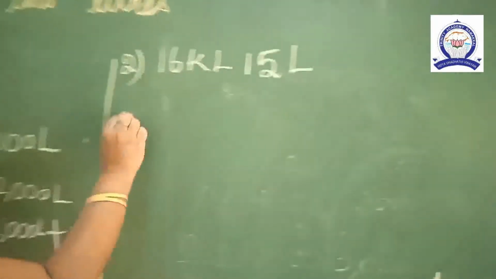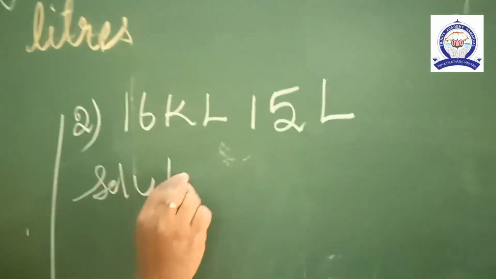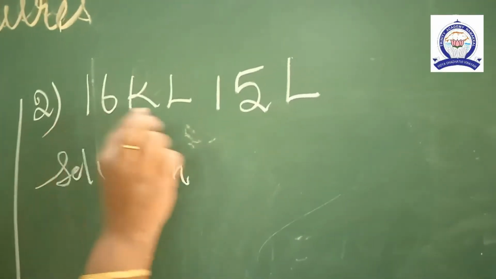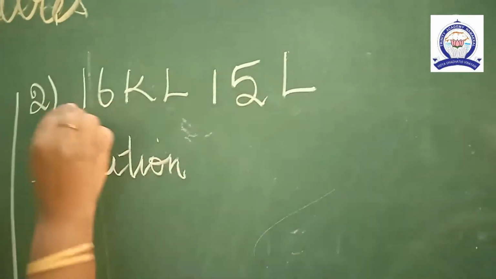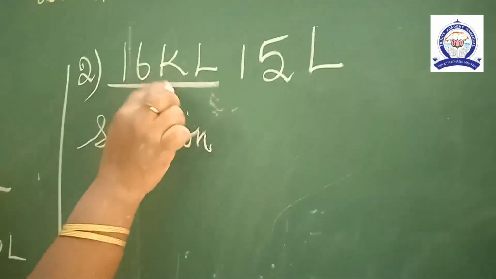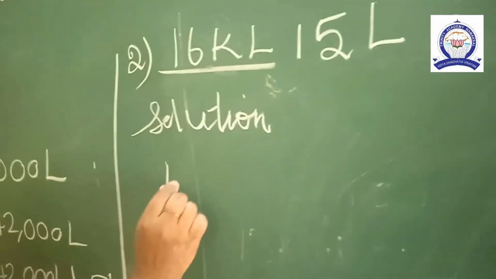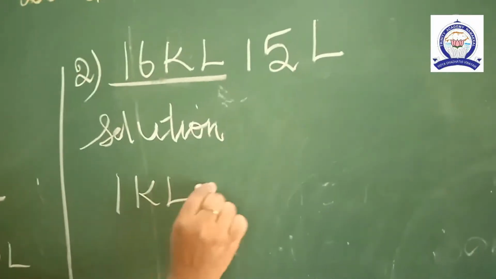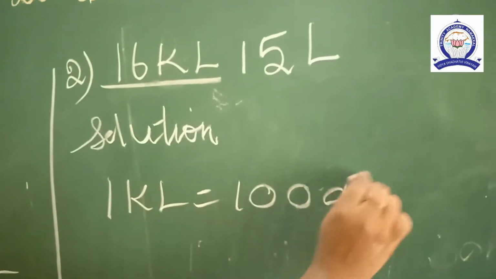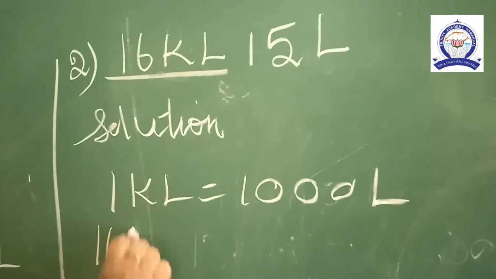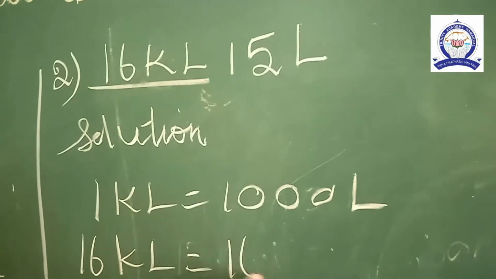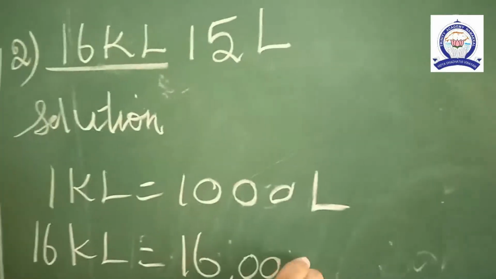See the second question. 16 kiloliter, 15 liter. So you convert this 16 kiloliter into liter. So you write 1 kiloliter is equal to 1000 liter. Therefore 16 kiloliter is equal to 16,000 liter.